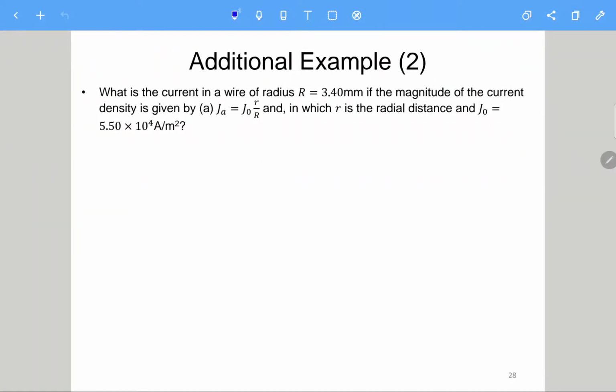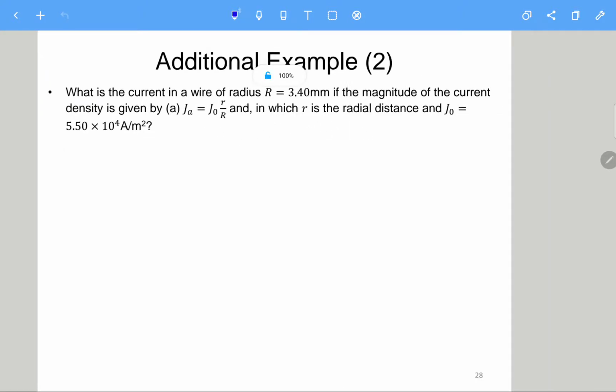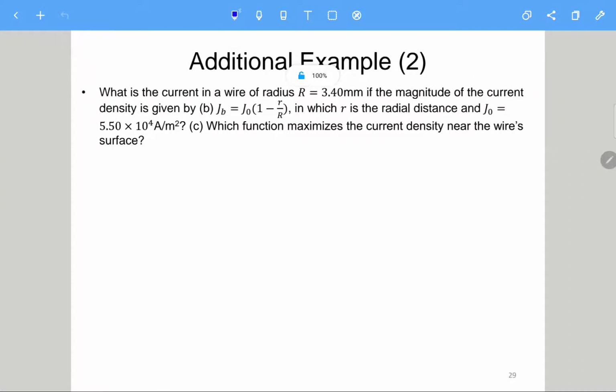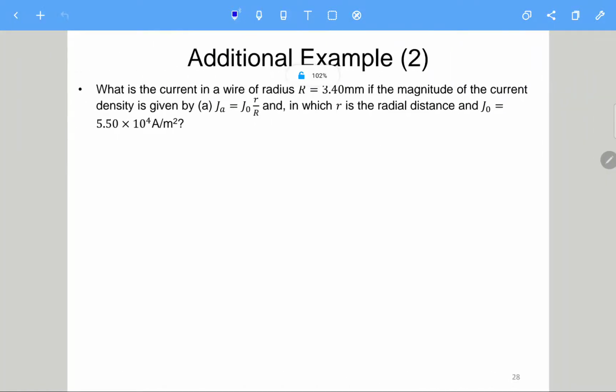Then we have another one. What is the current of a wire with R equals 3.4 millimeter if the magnitude of the current density is given by this one? The calculation is not difficult. For A, IA is the integration of JA dot dA.